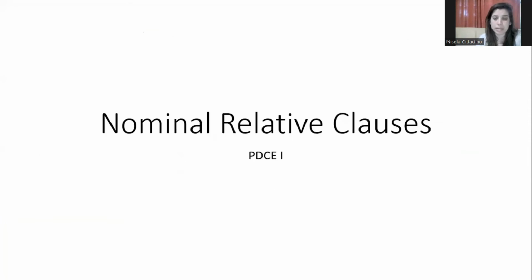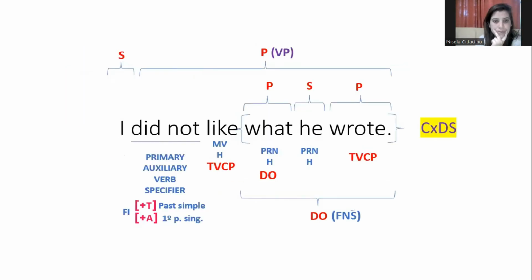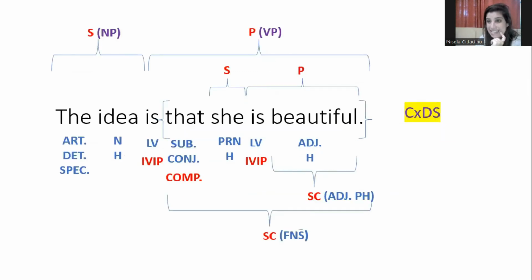Remember that these are nominal relative clauses. When the nominal relative clause begins with that, like in this example, the idea is that she's beautiful, that shouldn't be the predicate here.